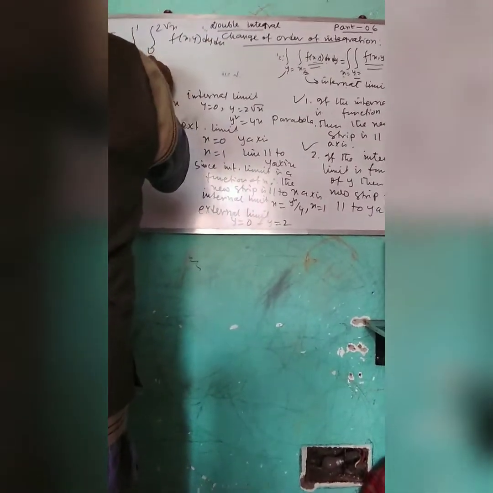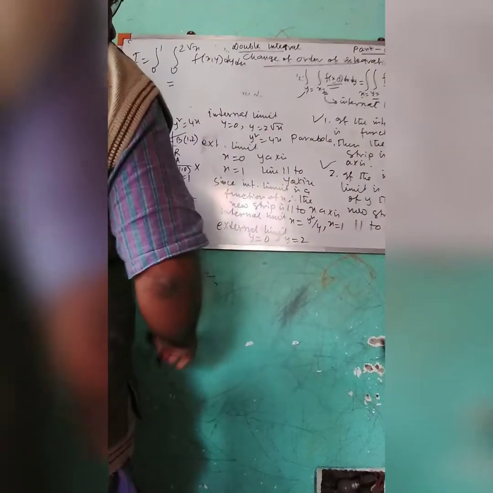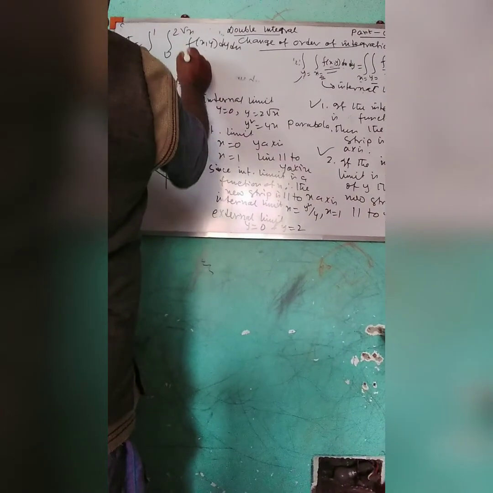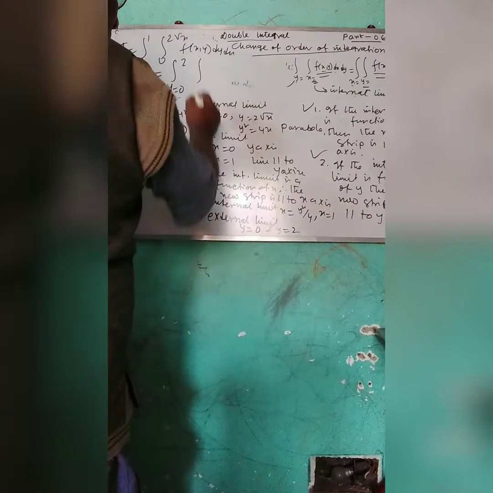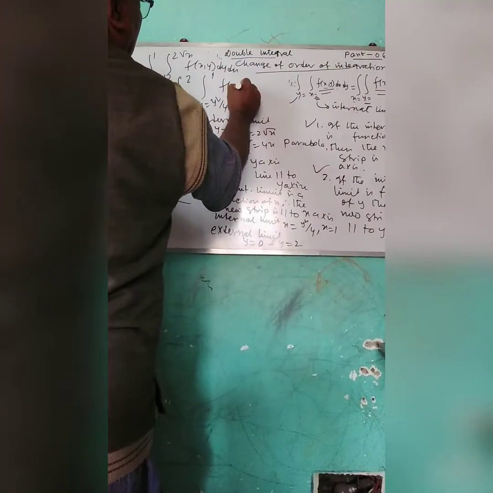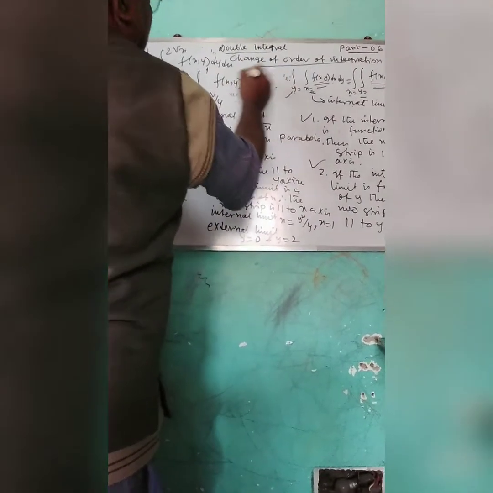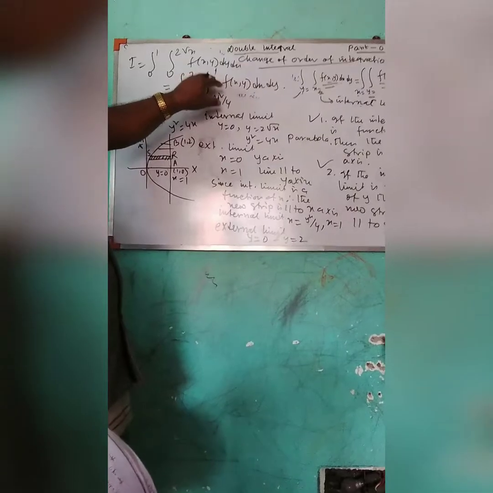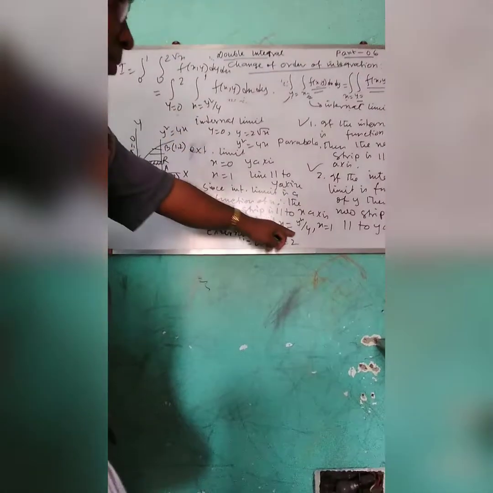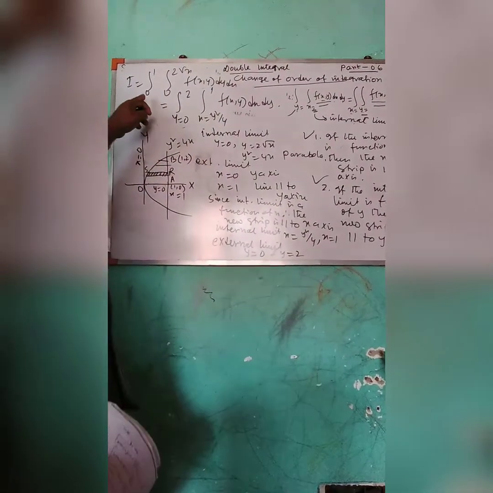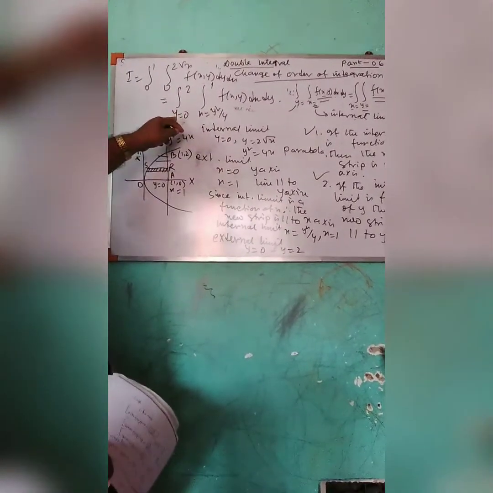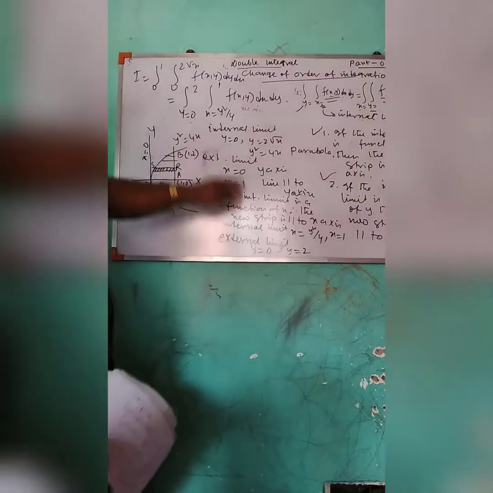After changing the order of integration, this will be y from 0 to 2, and x from y square by 4 to 1, f(x, y) dx dy. This is the internal limit I have written, and this is the external limit.